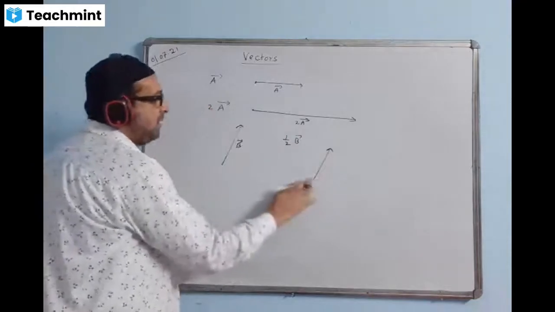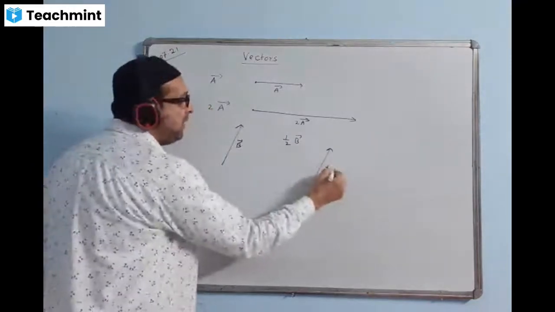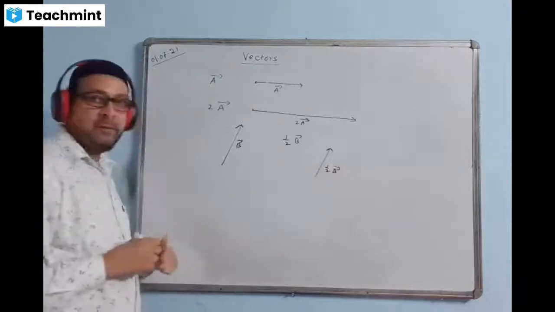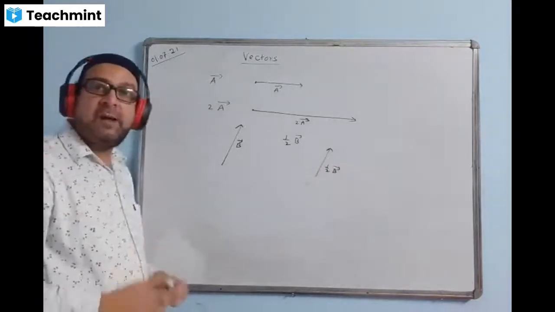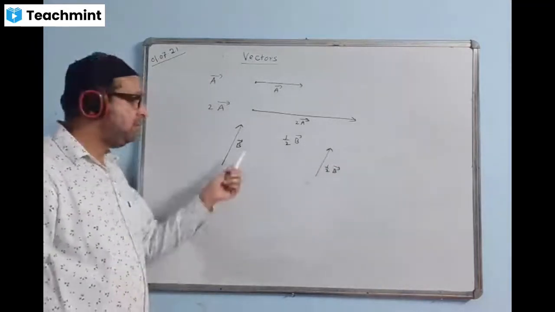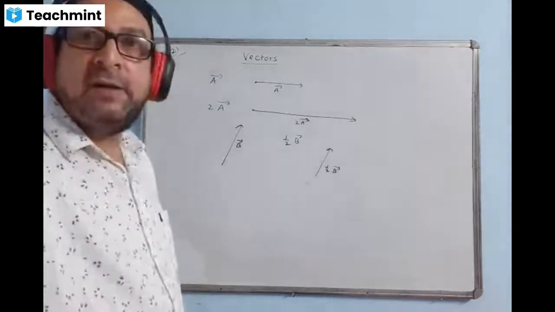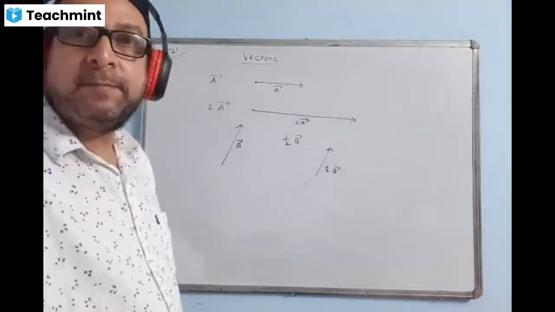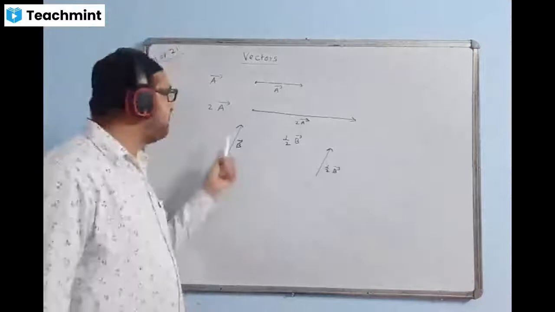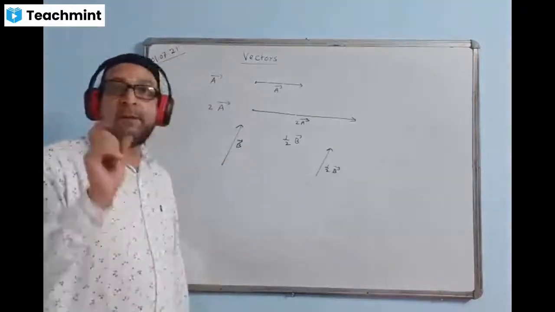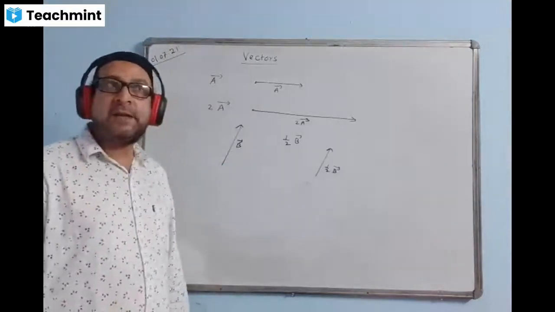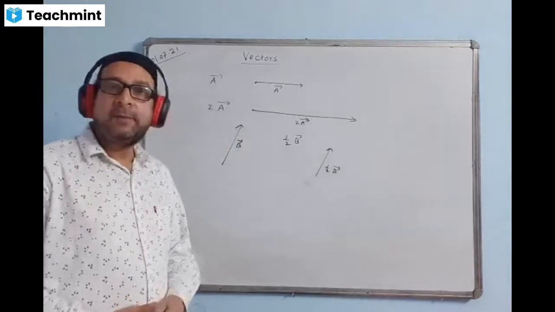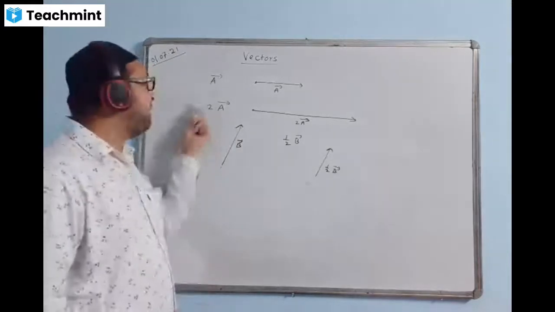I guess this is this much, then you take half of this size. This becomes half B. Magnitude will be half, whereas direction will remain the same. If any number is multiplied with a vector, the direction is not going to change. Only the size will change by that many times.